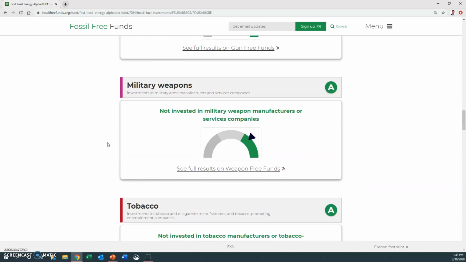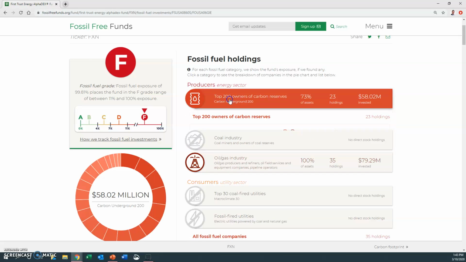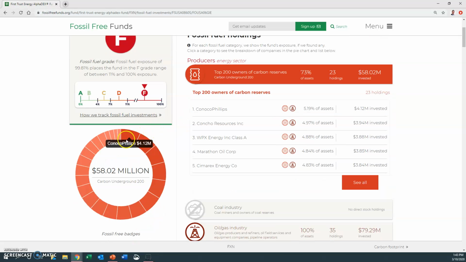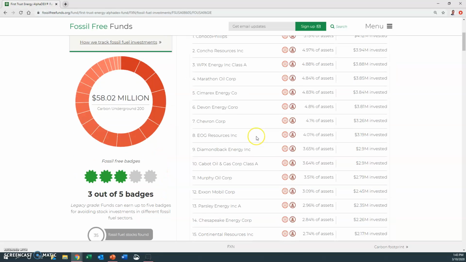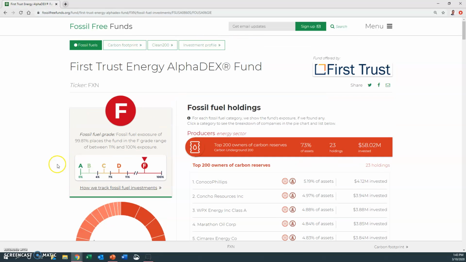And if we click on one of these, it'll show a breakdown of the investments. So this can get really detailed. We can click on see all and evaluate each thing. You can take a look specifically at what's invested there.